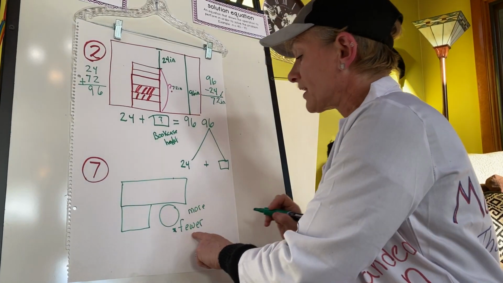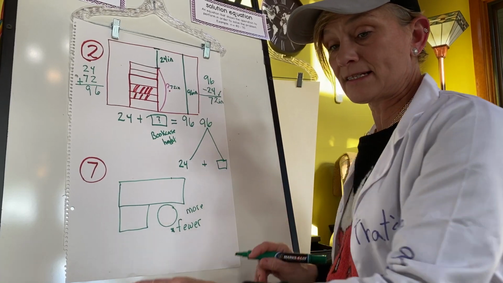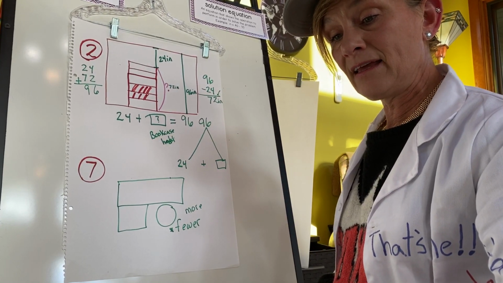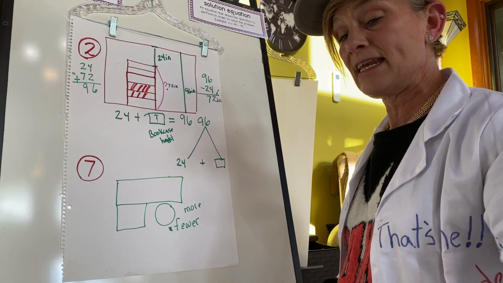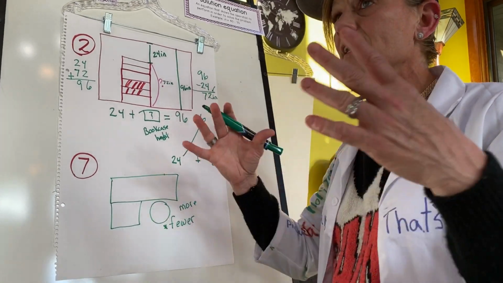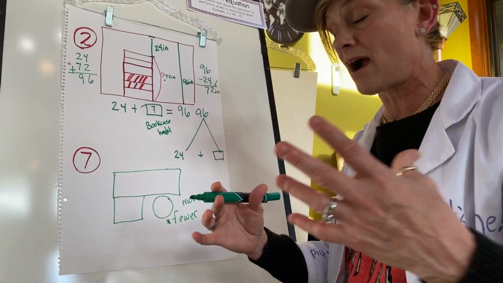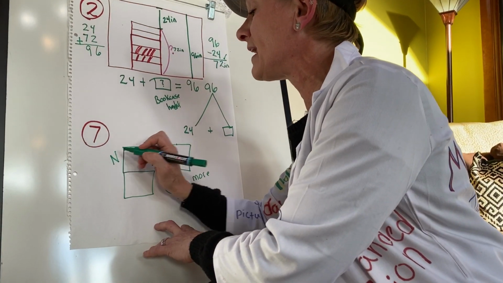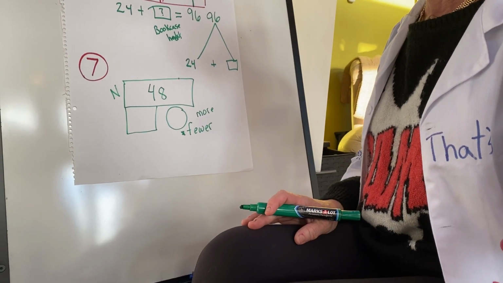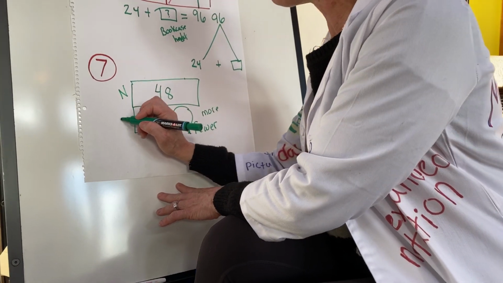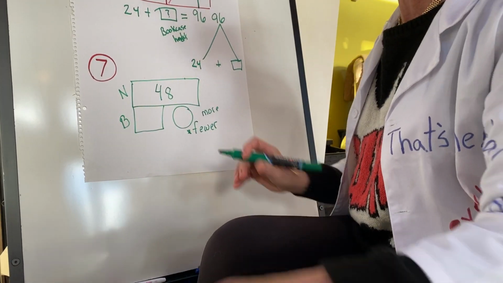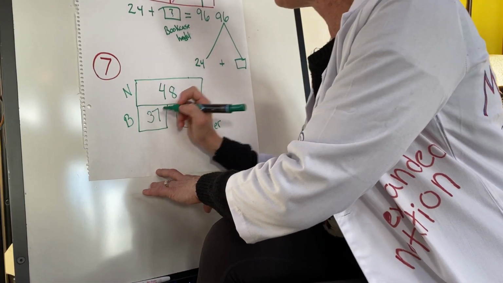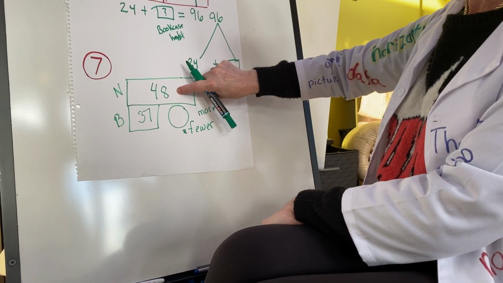But we're really looking for the fewer in this case. We know that Ben ran 37 and Nick ran 48. Nick has the bigger bar. He has 4 tens, 8 ones. I'm going to put an N there for Nick because I'm comparing it against my friend Ben, who has 3 tens, 7 ones.